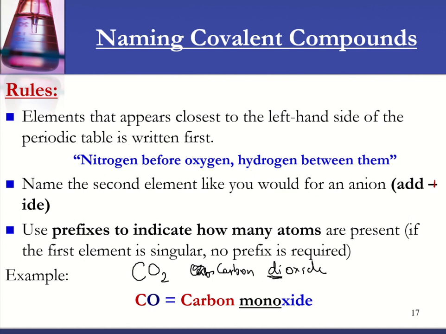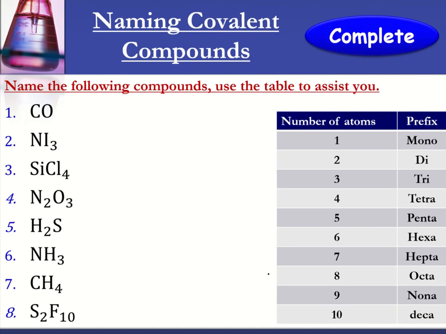Now obviously no one expects people to remember what the prefixes are without knowing what the names are. So let's have a look at the different types. Okay, so these are all the different naming prefixes. If you have one atom, it's mono, 2 is di, 3 is tri, 4 is tetra, 5 is penta, 6 is hexa, 7 is hepta, 8 is octa, 9 is nona, and 10 is deca.